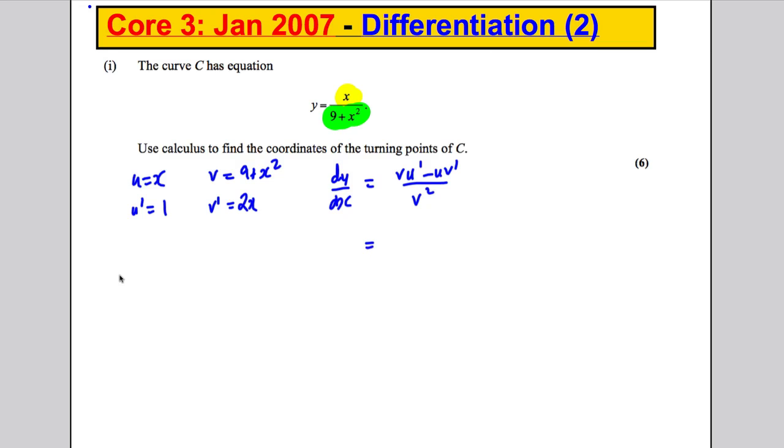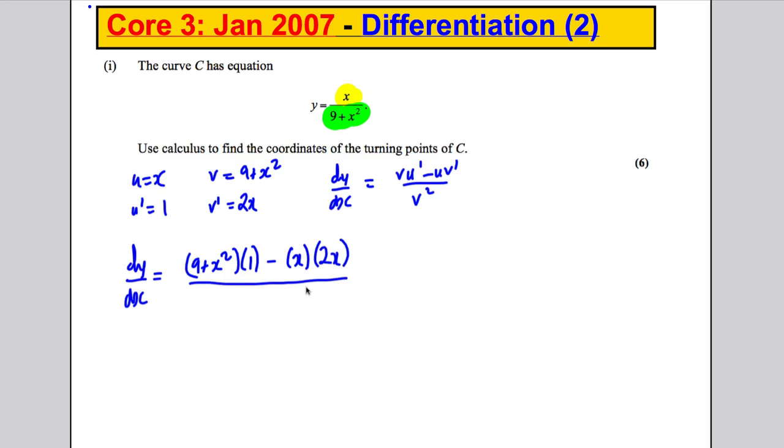So, what is dy by dx actually equal to? Substituting in our u, v, u dashed and v dashed. Well, vu dashed would simply be 9 plus x squared multiplied by 1. Subtract uv dashed, which would be x multiplied by 2x.